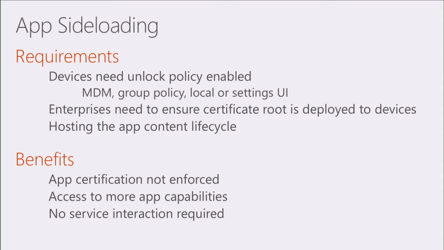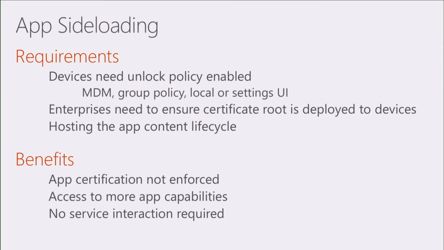But we also have some very interesting kinds of things with respect to what these apps can do. So again, first off, you're going to have to make sure that the device is set for side loading. Enterprise and Education by default in Windows 10 will have side loading on. You can use a management policy to turn it on. Users can turn it on with the Settings app. There's lots of ways to make sure that gets on.